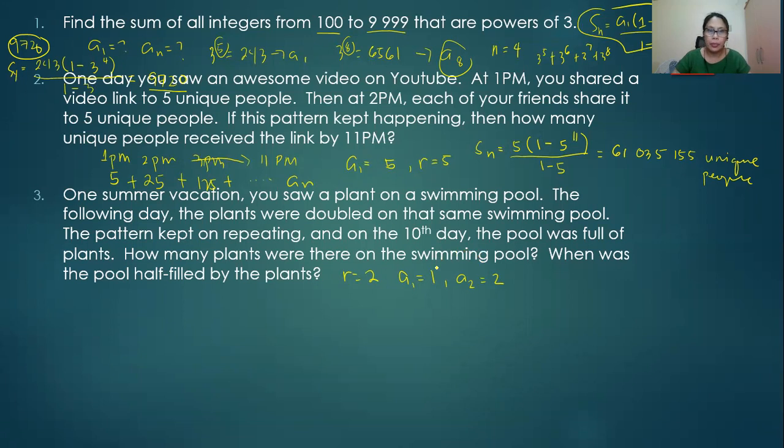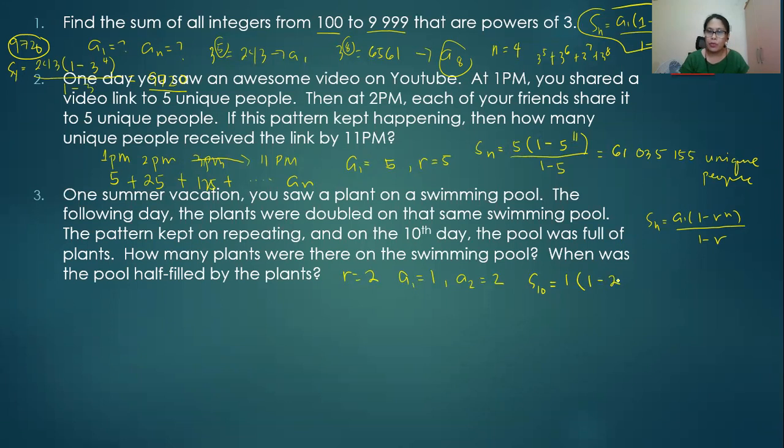On the 10th day, the pool was full of plants, so maybe we can solve for S sub 10 to calculate how many plants were there once the pool is full. We use the formula S sub n equals a sub 1 times quantity 1 minus r to the n all over 1 minus r, and our a sub 1 is 1, and our r is 2.